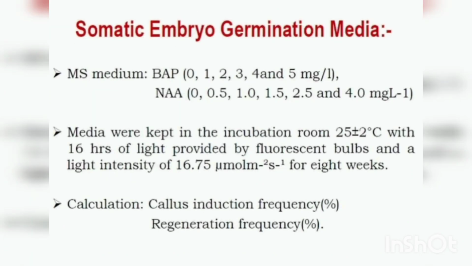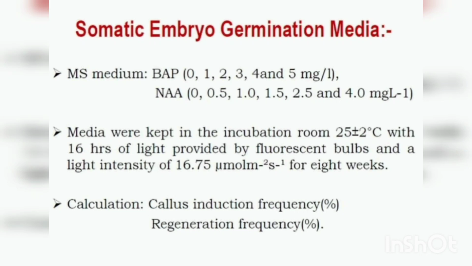Now the medium for somatic embryos is normal MS medium, which is supplemented with growth factors, and the temperature for the medium is 25 degrees Celsius, and 16 hours of light is provided by fluorescent bulbs.